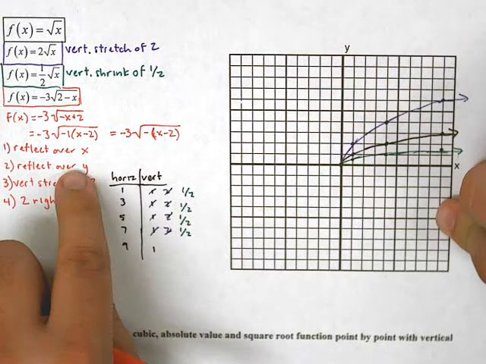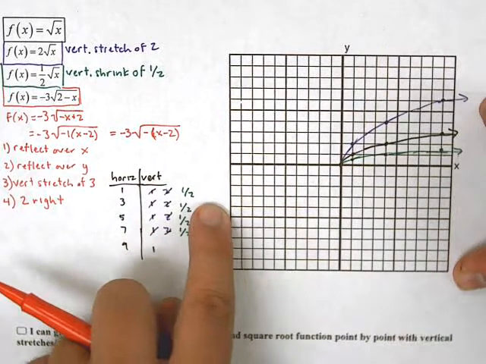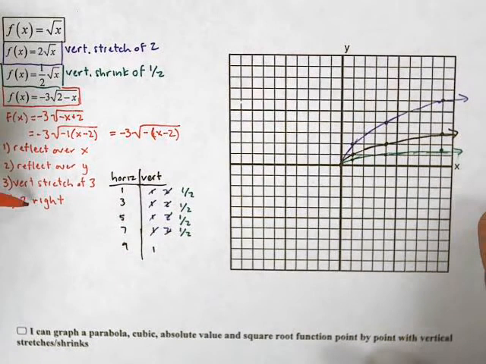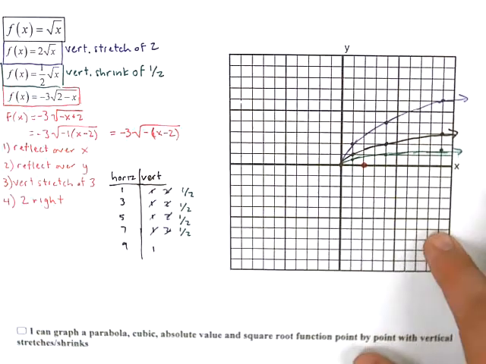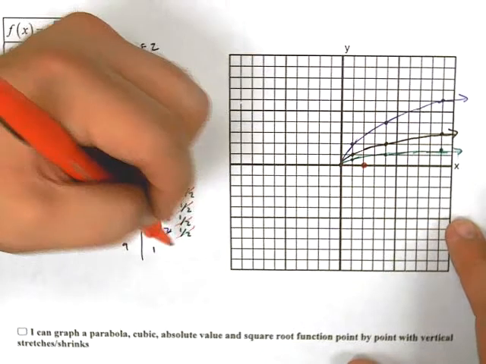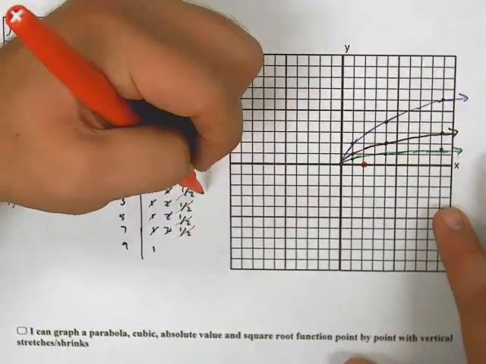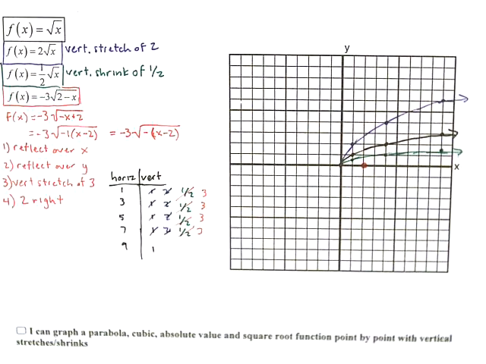But because it's also reflected over y, I'm going down and to the left. All right? I have a shift 2 units to the right. And I know that my stretch is 3. So 3, 3, 3, 3, etc. Okay? Good.